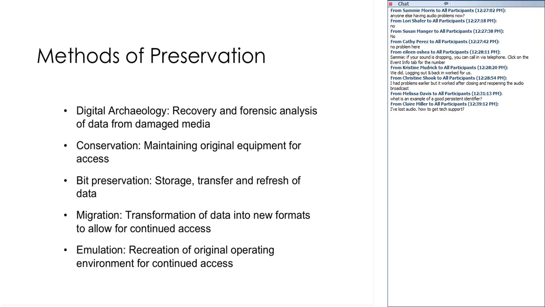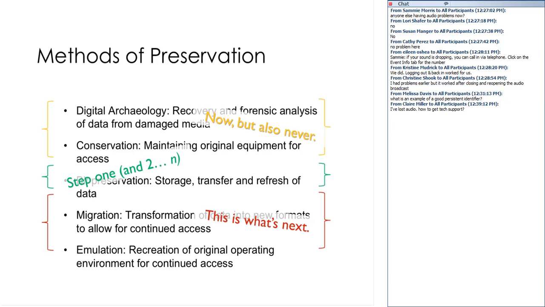Most of what we do right now in digital preservation is bit preservation. So it is storing and refreshing the data in the contemporary format so that it's not lost because a hard drive burns out. Upcoming in the future for most of us is migration or emulation of that data to make it useful in the future.